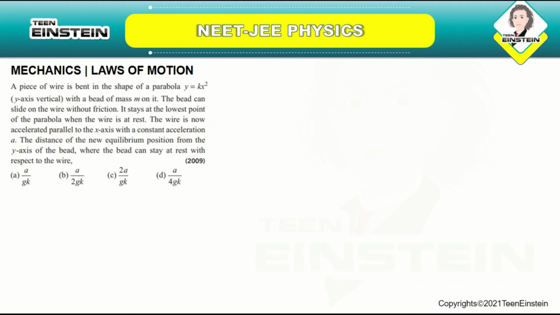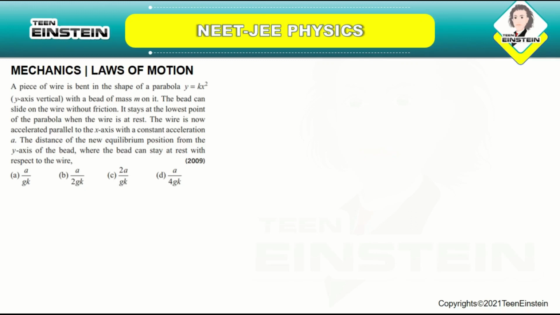It stays at the lowest point of the parabola when the wire is at rest. The wire is now accelerated parallel to the x-axis with a constant acceleration a. The distance of the new equilibrium position from the y-axis of the bead, where the bead can stay at rest with respect to the wire is?